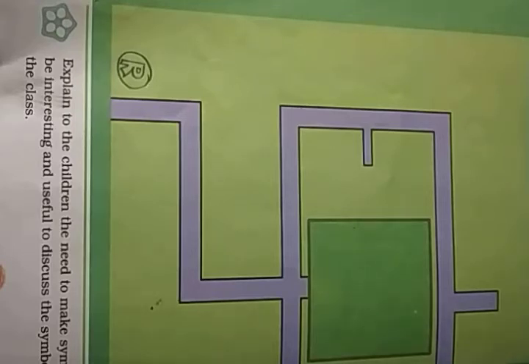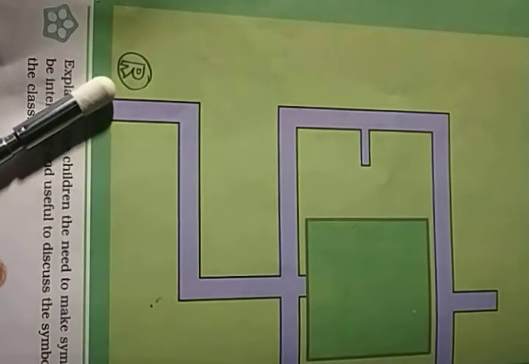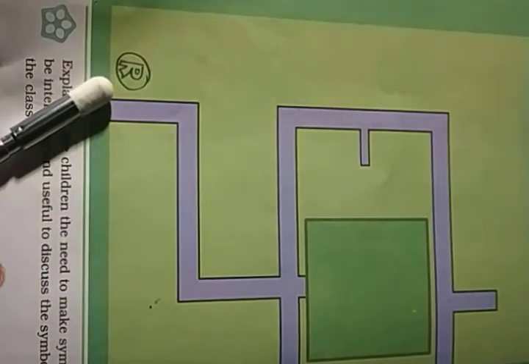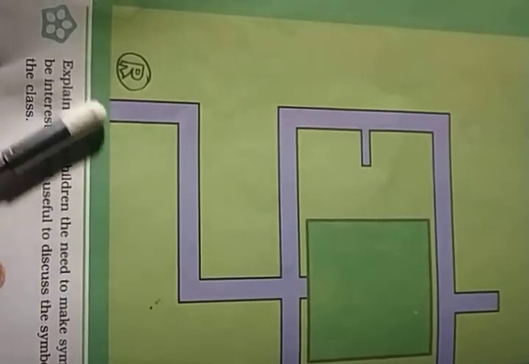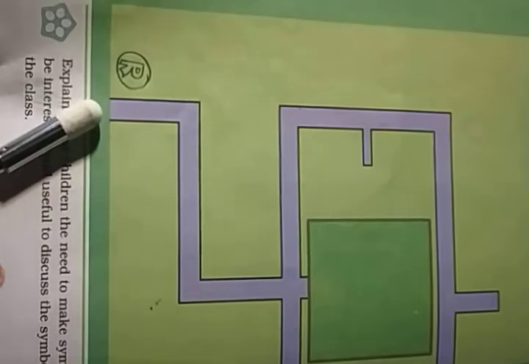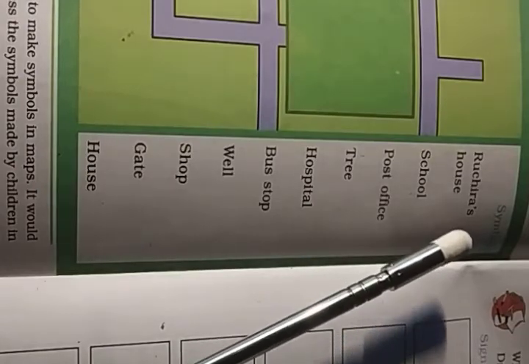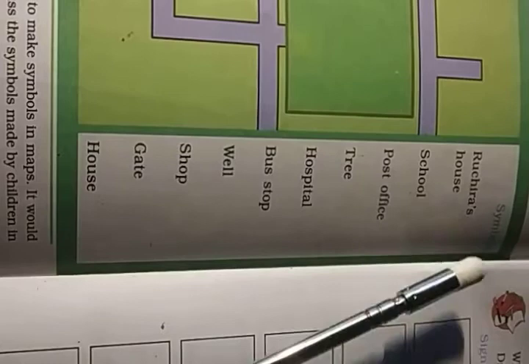We can't copy that. Put your own symbols. So I've done one. I've chosen this symbol, a circle with an R, to show that that is Ruchira's house. Now, when I do that on my map, it is very important that I write it in the key. So I would draw the circle with an R right here to show Ruchira's house, circle with an R.